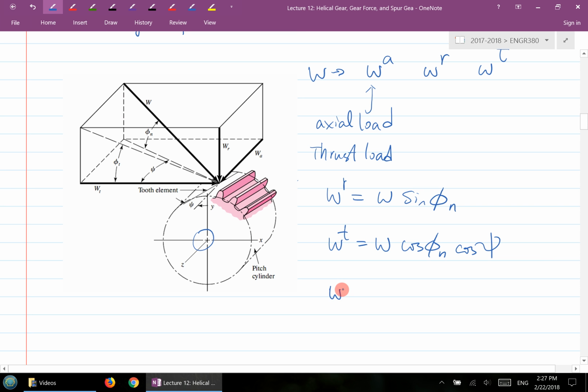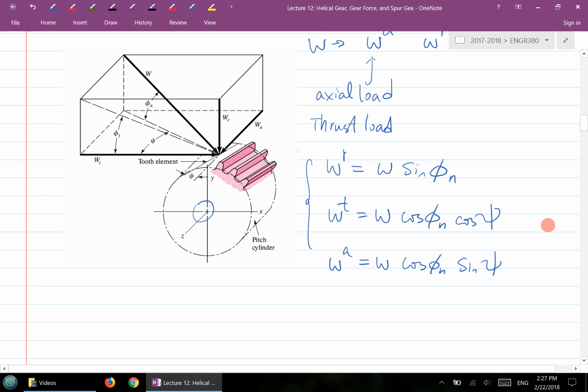And finally, WA is equal to W times cosine phi n times sine helix angle phi. So this is the connection among all the three different components.